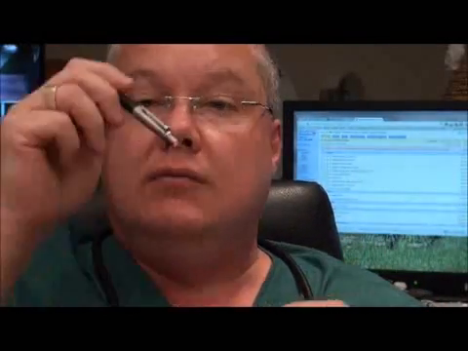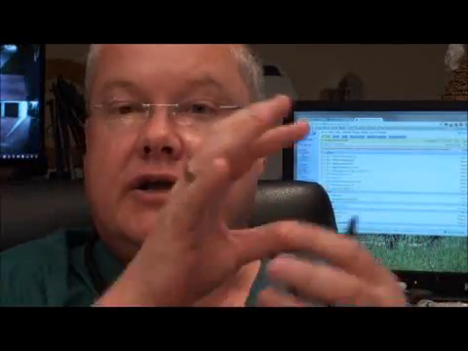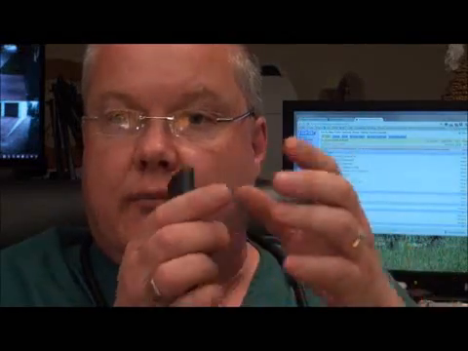So you can have multiple people in a geographical area all sharing that same base station at the same time without interfering with each other.